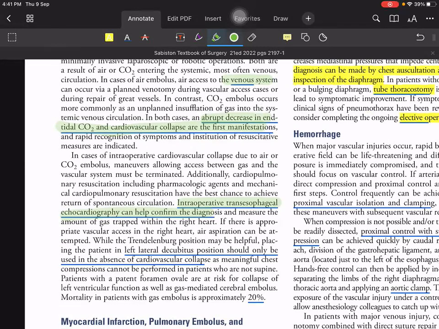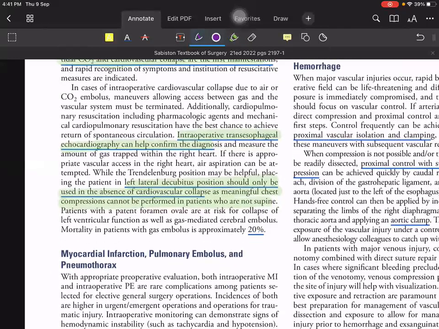Left lateral decubitus position should only be used in the absence of cardiovascular collapse, as meaningful chest compression cannot be performed in patients who are not supine. While the Trendelenburg position may be helpful, placing the patient in the left lateral decubitus position should only be done in the absence of cardiovascular collapse. If the patient has cardiovascular collapse, you should not give left lateral decubitus. Mortality is 20%.